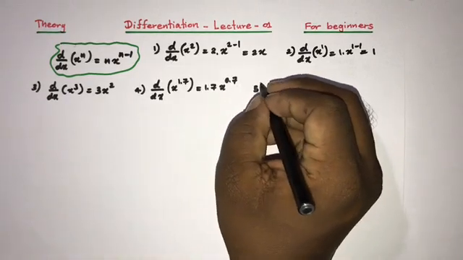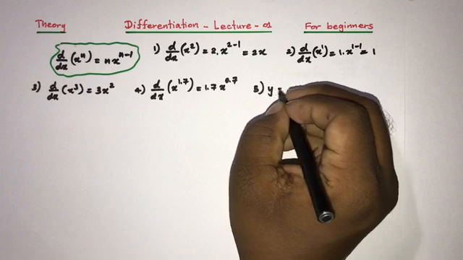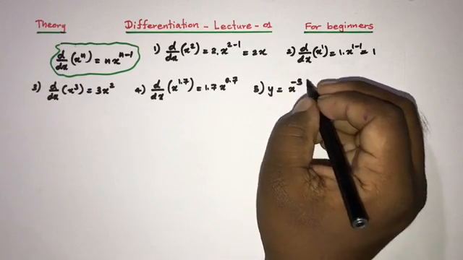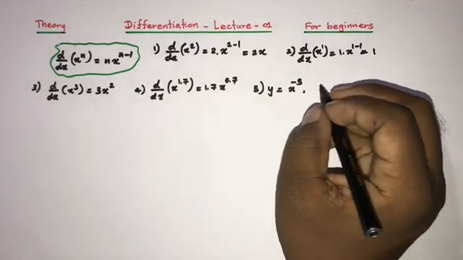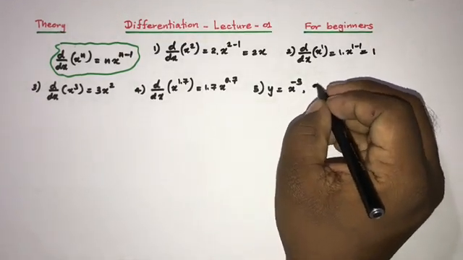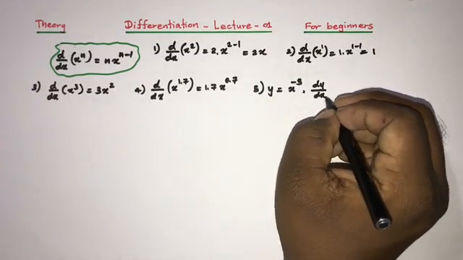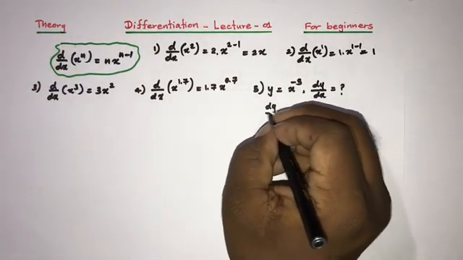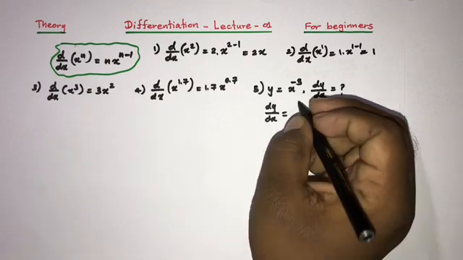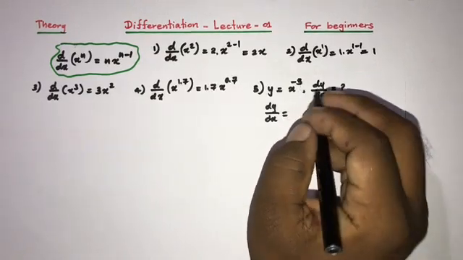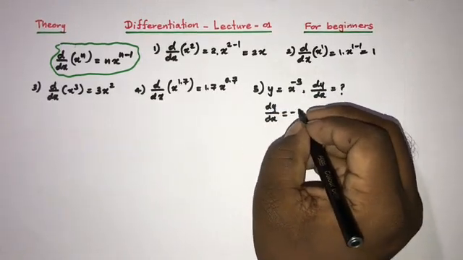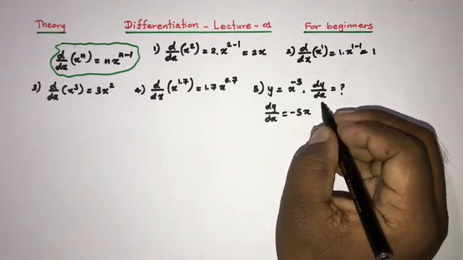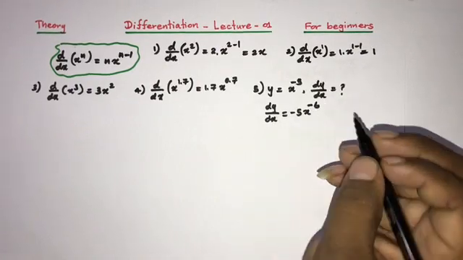Example number 5, y is equal to x raised to the minus 5. Then we should find dy by dx. Now dy by dx is equal to minus 5 in front of x, so minus 5 times x to the minus 5 minus 1, so minus 6.